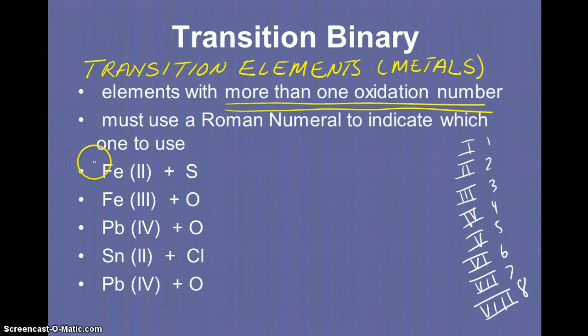So just like we did before, I'm going to put a little 2 here. And then what is the oxidation state of sulfur? Look at the top oxidation state. It is a nonmetal. Okay, just go with the top one, please. It is 2. So just like we did before, these oxidation states are going to switch. The 2 is going to come here, the other 2 is going to come here, and it will look like this.